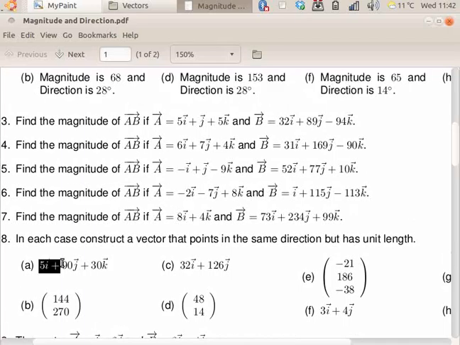I'd like you to take this vector here, 8a, and make it into a unit vector now.